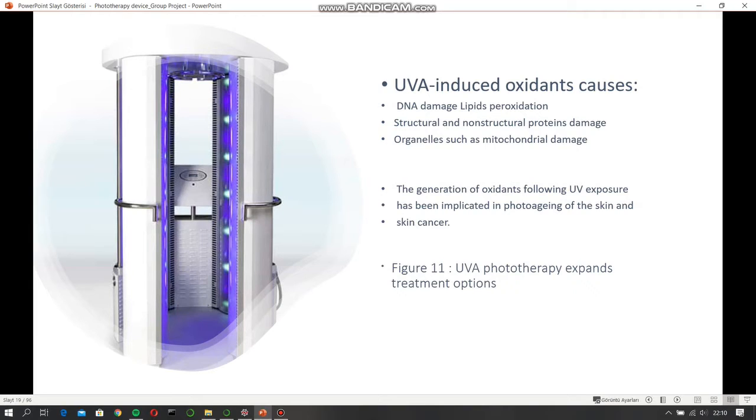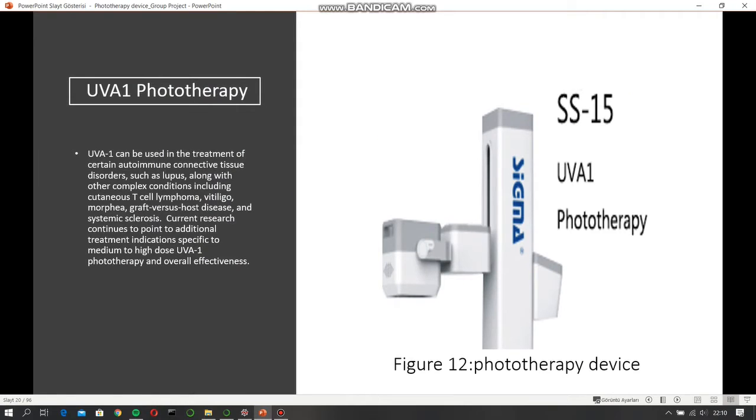And there's a figure showing how ultraviolet A phototherapy expands the treatment options. There is also a unit of a phototherapy device. Ultraviolet A1 phototherapy can be used in the treatment of certain autoimmune connective tissue disorders such as lupus, along with other complex conditions including cutaneous T-cell lymphoma, vitiligo, morphea, graft versus host disease, and systemic sclerosis.